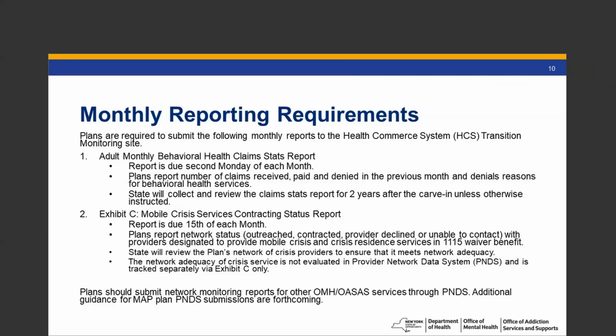But plans will need to submit the network monitoring report for all other OMH or OASIS services through PNDS, and we will be providing additional guidance for that reporting very shortly. And also, state will provide the templates for both reports ahead of time to make sure plans have adequate time to configure their system for those 2 data reporting requirements. All right, next page, please.